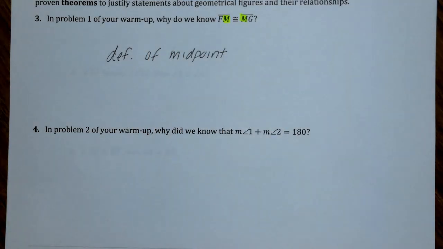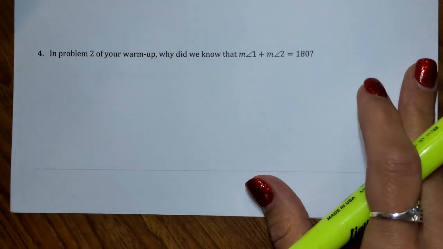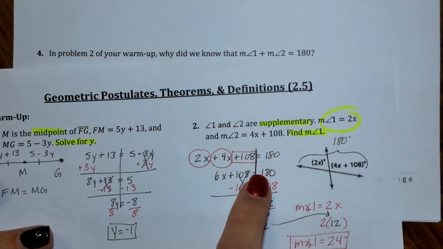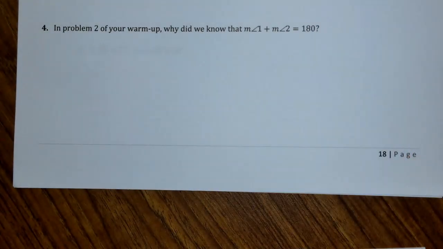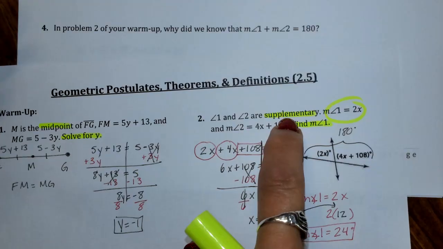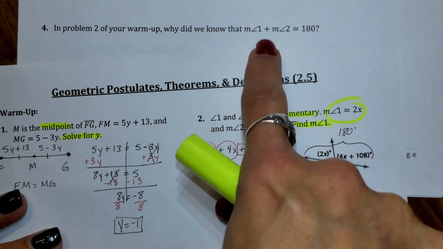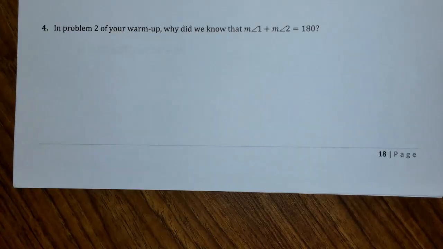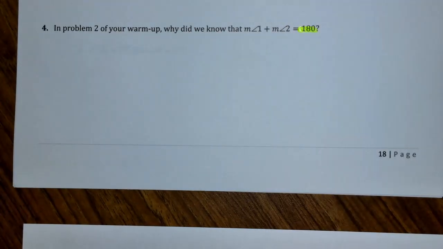Pause it and finish writing it down if you need to. Next, looking at number 4, how did we know on number 2 right here that we were adding two angles to equal 180 degrees? Well, over here, that's the definition of supplementary angles. That's literally the answer too. Supplementary angles add to equal 180 degrees. So supplementary on number 2, the warm-up, and 180 here.